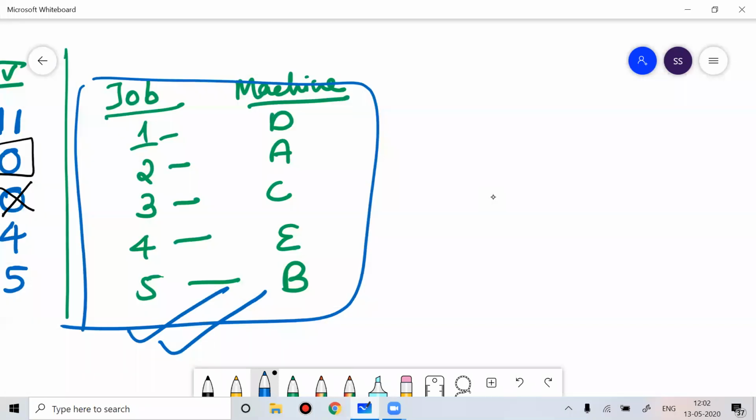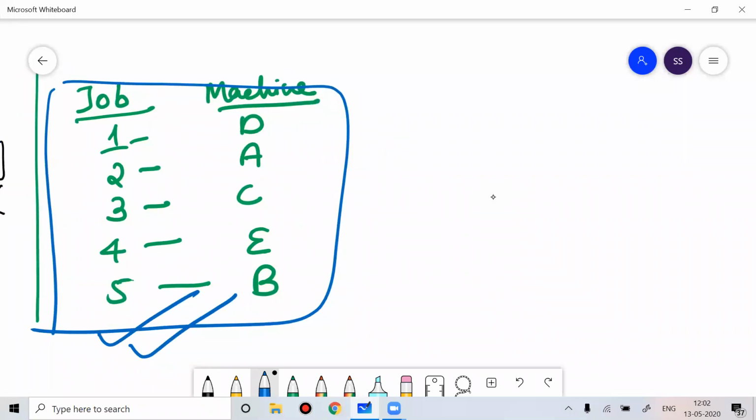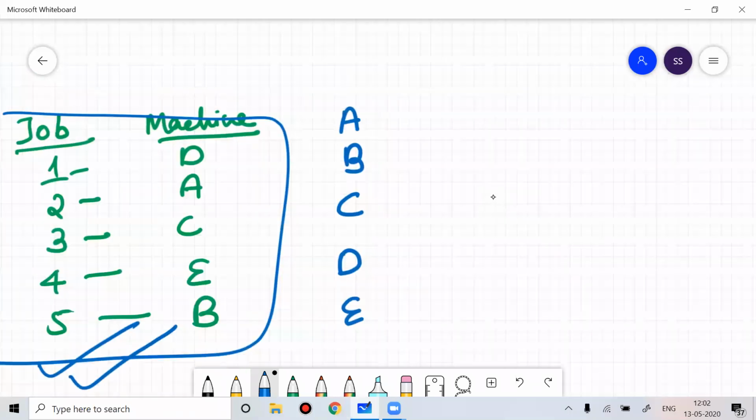Now if you compare this answer with the matrix, what is your matrix? Let me write down the matrix. The matrix is A, B, C, D, E. This is your original problem. This is your matrix.